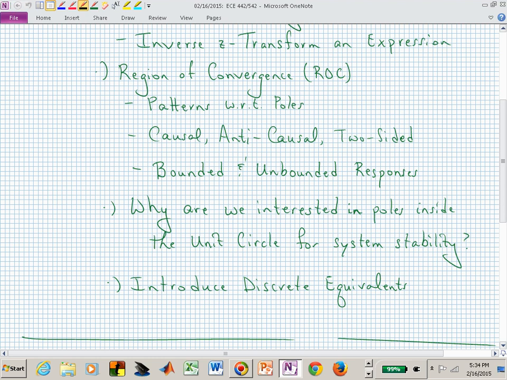And then you can have two-sided that fall into those same categories, bounded and unbounded. And then we'll talk about what's all this inside the unit circle idea relative to systems and pole locations?